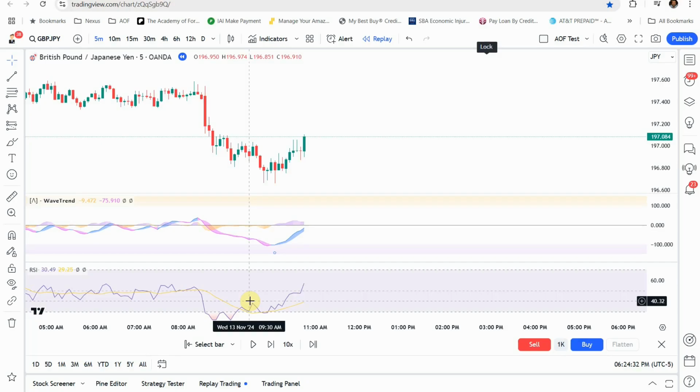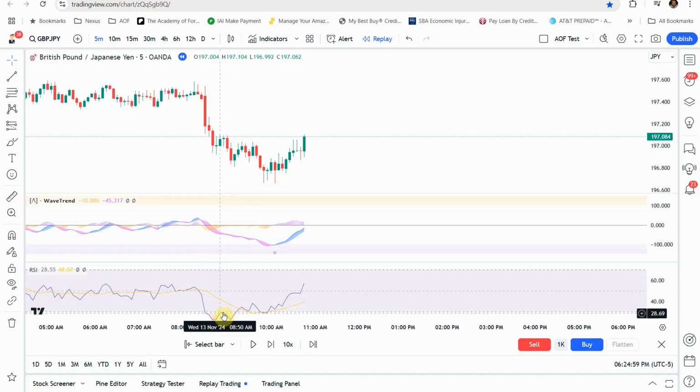Alright, for a long trade, we are looking for a dot like this right here from the wave trend indicator. Then we're going to look down to the RSI, and we want to see that divergence again. This time we're looking for the bullish divergence instead of the bearish. You can see here that price comes down, making these lows.